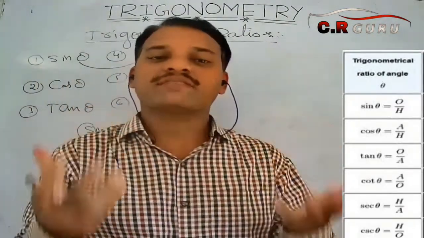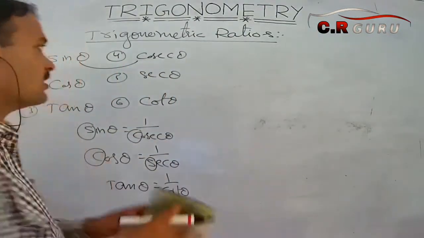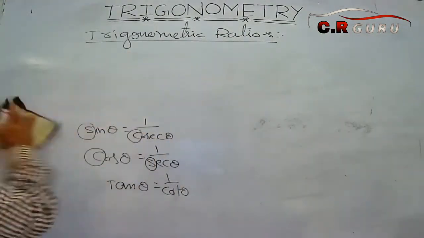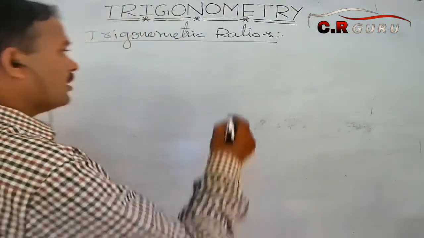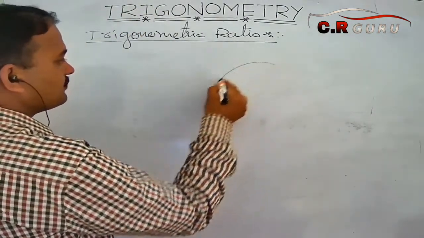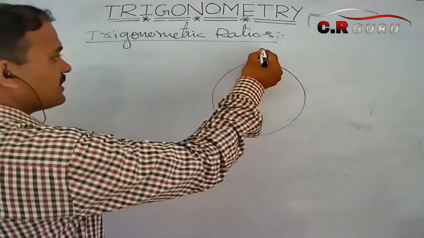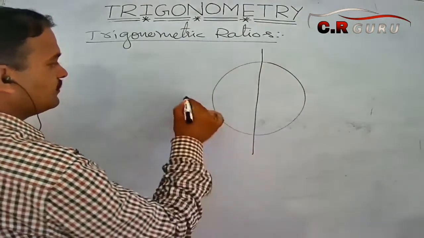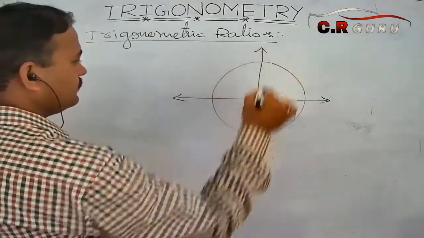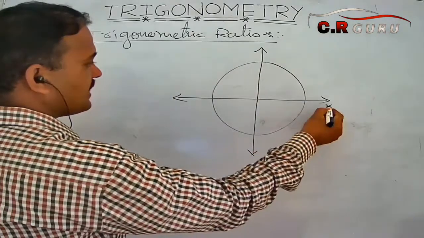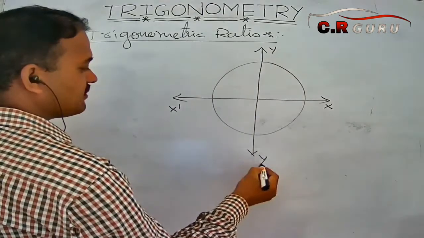What are the definitions of the 6 trigonometric ratios, my dear friends? For example, now I consider a circle. In the circle, I am taking a coordinate plane. This is the x-axis and this is x dash. This is the y-axis and this is y dash.